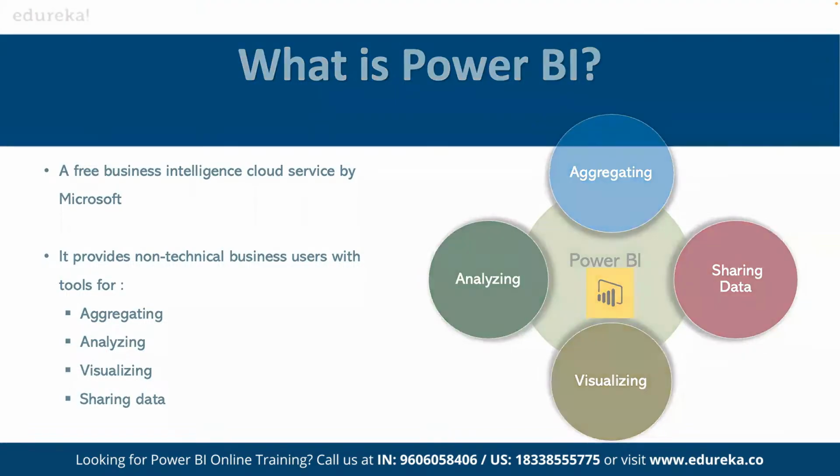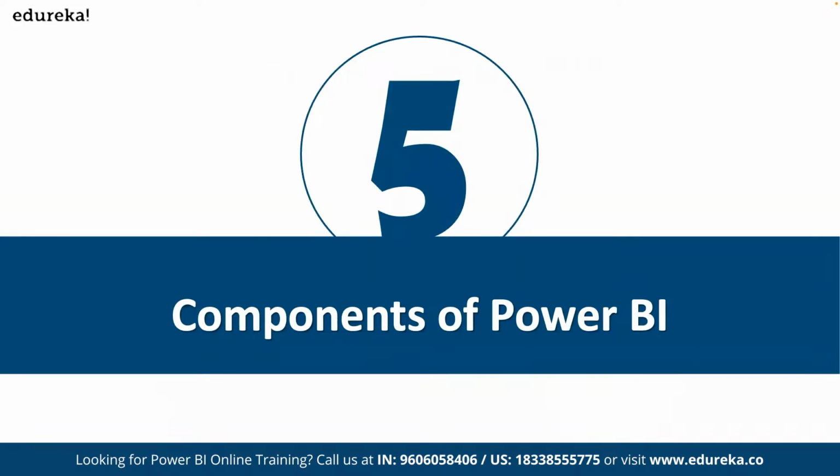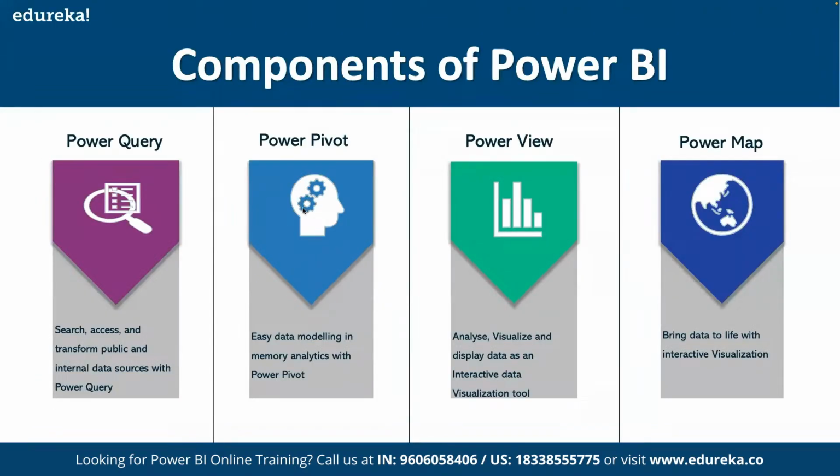Power BI has main components, so let's have a look at them. The first component is Power Query. Using Power Query, we can search, access, and transform public and internal data sources. Then we have Power Pivot, which takes care of data modeling for in-memory analytics in Power BI.